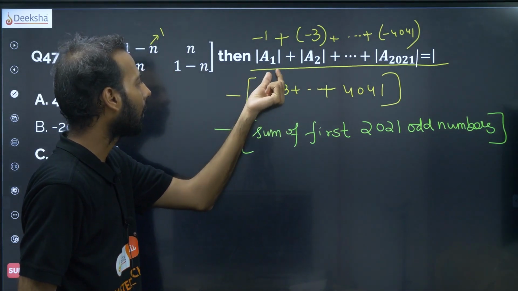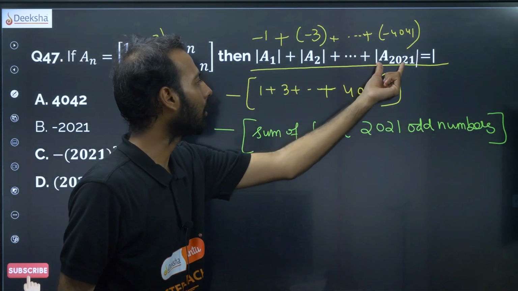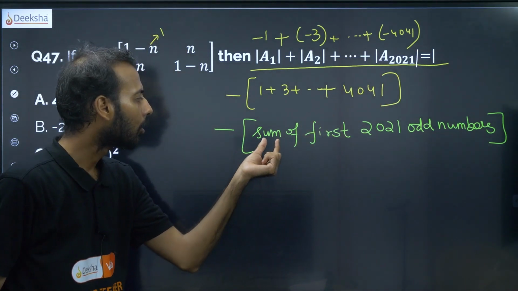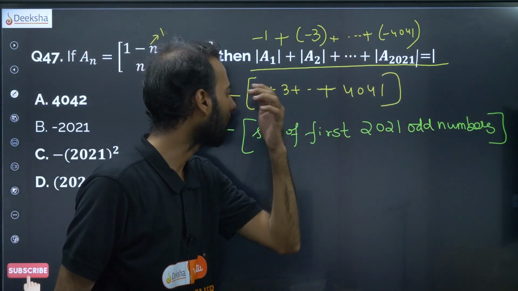For 1 we are getting 1. How many terms are there? 2021 terms are there. So it is the sum of the first 2021 odd numbers.